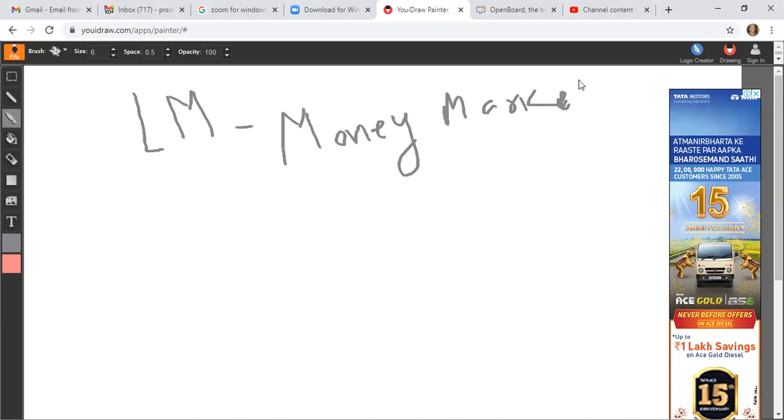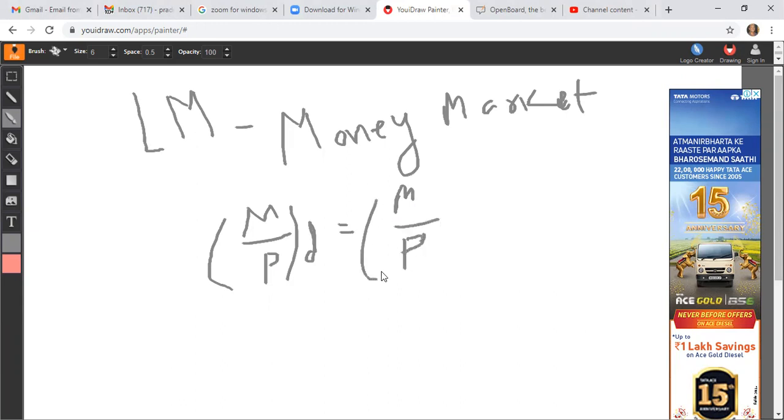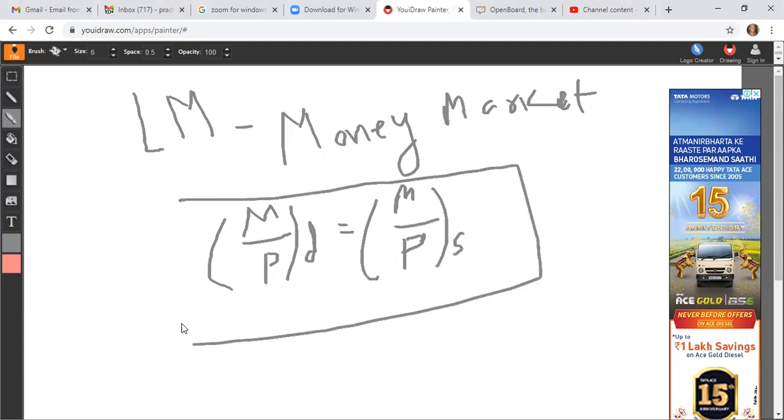And money market equilibrium is nothing but a situation where the demand for money, more specifically the demand for real money balances, which is obtained by dividing M by P, is equal to the supply of real money balances, that is M by P. So this is an equilibrium between demand for money and supply of money.